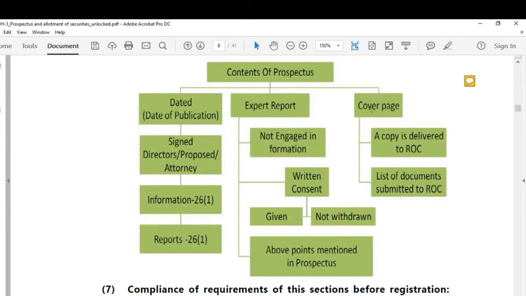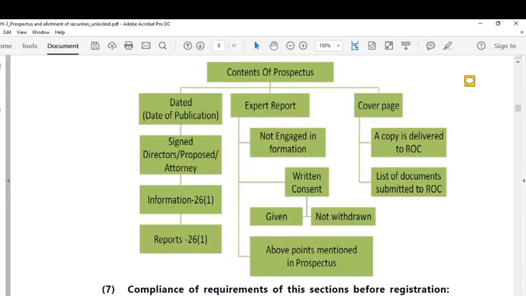The published prospectus should be delivered to the Registrar to verify whether what was registered with him and what is being published are one and the same. That is the reason the published prospectus should be delivered to the Registrar of Companies for his record and information.